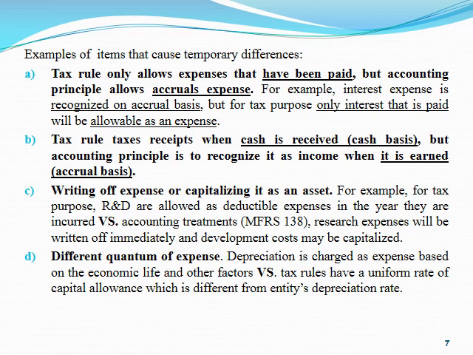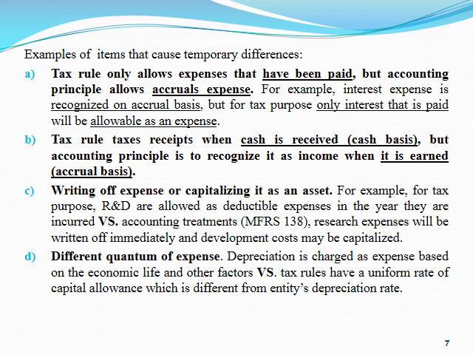For example, for tax purposes, research and development expenditure is allowed as a deductible expense in the year it is incurred. However, under accounting treatment, MFRS 138, research expenses have to be written off immediately, and development costs may be capitalized if the capitalization criteria or conditions are met.